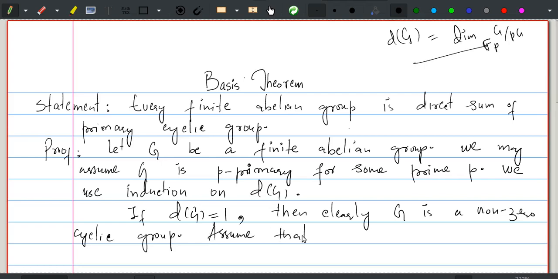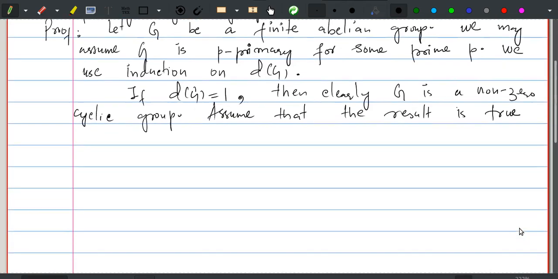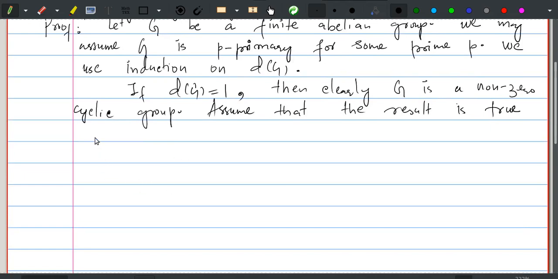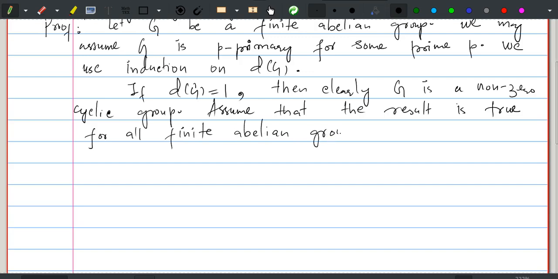Assume that the result is true for all finite abelian groups H such that d(H) is less than d(G).